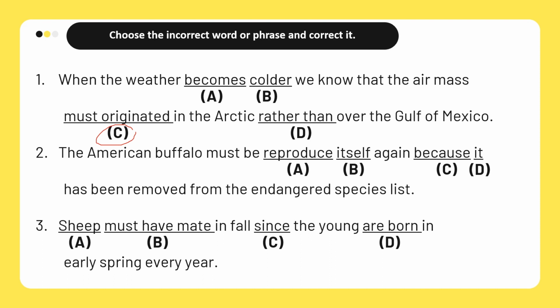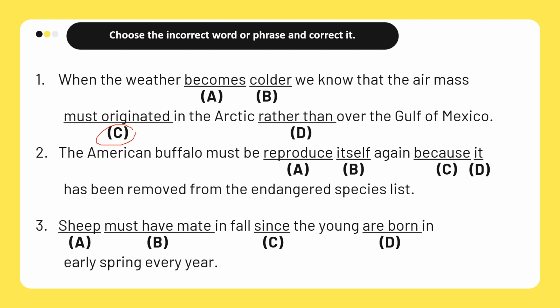Here, we can see that when the weather becomes colder, in this situation, there is a condition, which is the weather becomes colder. So this is the result of something that has happened earlier, which means we're trying to make a logical conclusion of something that previously happened.